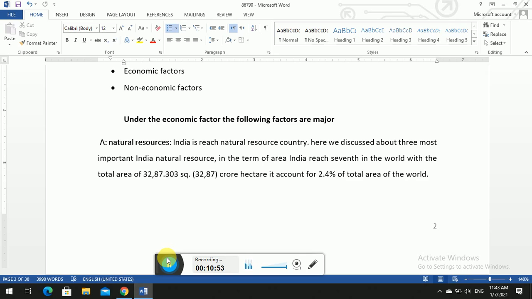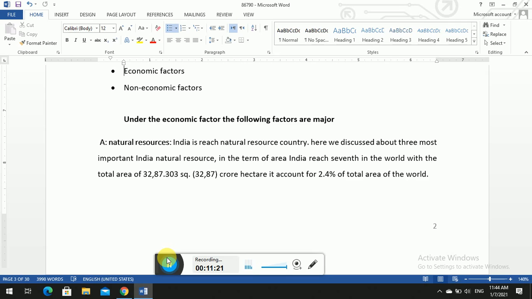In some parts it's snowing, in some parts it's desert, in some parts it's very hot, so it's the best place for rice. And they have many things for their country. So India is a country rich in natural resources.